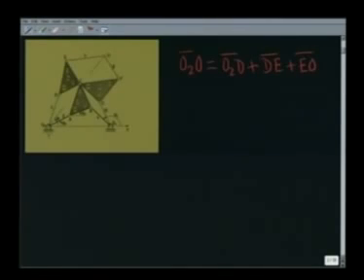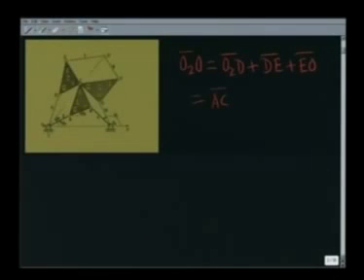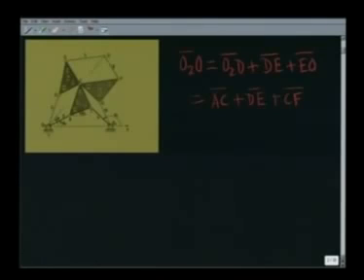So, now let me write the vector O2D as same as the vector AC, because they always remain parallel and of equal length, plus DE plus EO, which is same as CF, because CF and EO always remain parallel and of equal length.